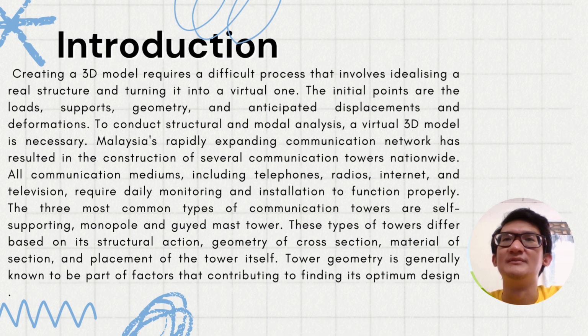The three most common types of communication towers are the self-supporting towers, monopole towers, and the guyed mast tower. The antenna tower we design is the self-supporting tower. These types of towers differ based on structural actions, geometry of cross-section, material of section, and displacement of the tower itself. Tower geometry is generally known to be a factor contributing to finding its optimum design.